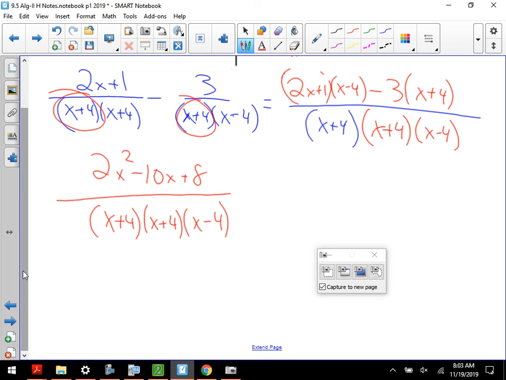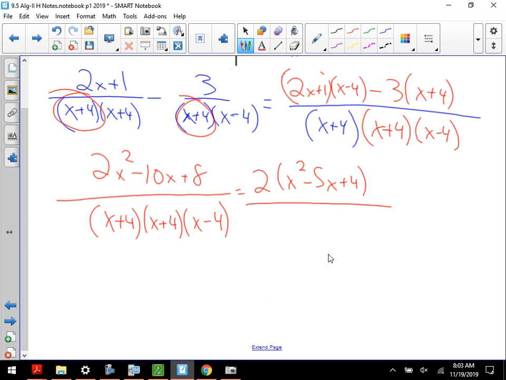If you look at the numerator then, what do they have in common? 2. Okay. So if you do take out the 2, is that factorable? Yeah. What's the factorable 2?